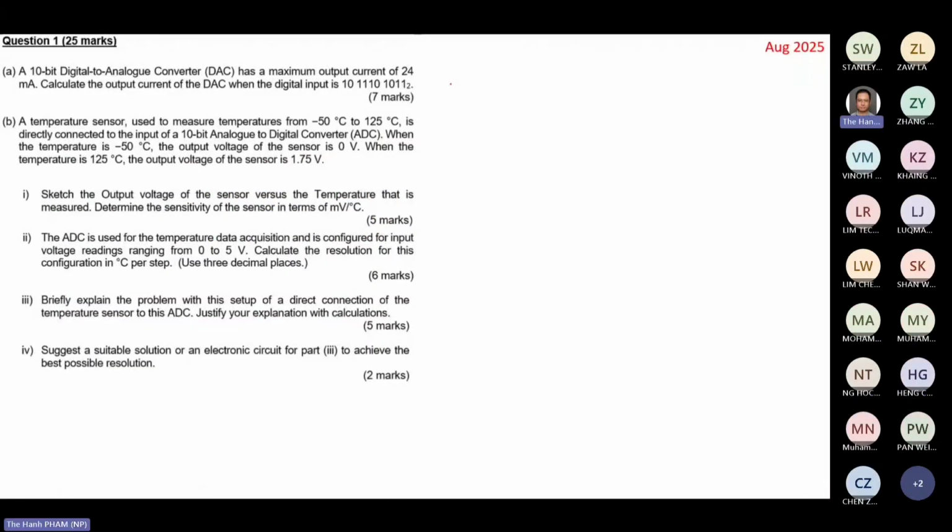Now, for question A, let me write it down. To visualize, you can think of this as a DAC, digital to analog. So this one must be digital input, right? And here you have current out.